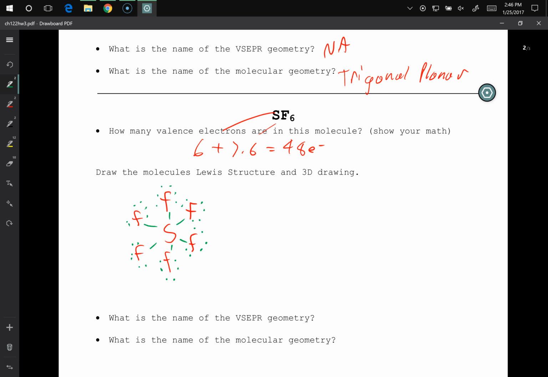Why? Sulfur's weird. All right, I don't mind that. Boron, aluminum, and phosphorus and sulfur. What do we know about those four? Exceptions to the octet rule. So the boron and the aluminum want to see 6 electrons, and the phosphorus and sulfur can see more than 8.